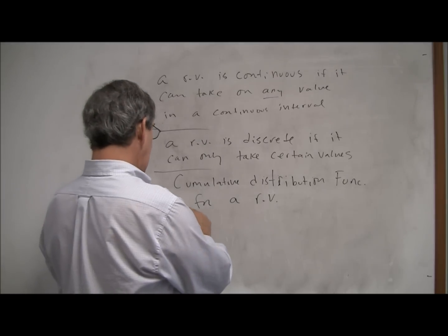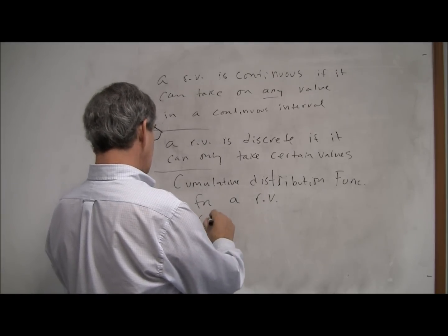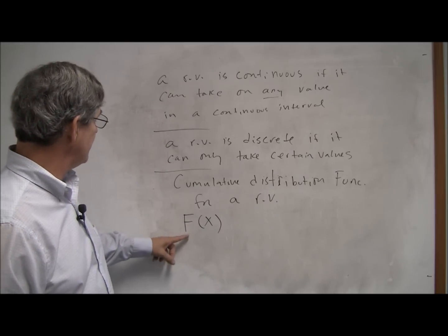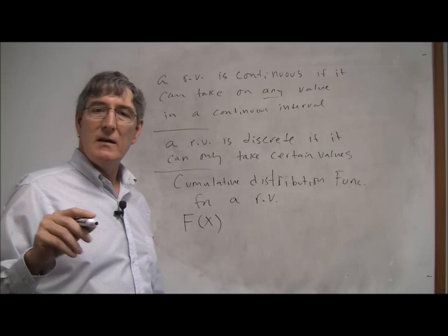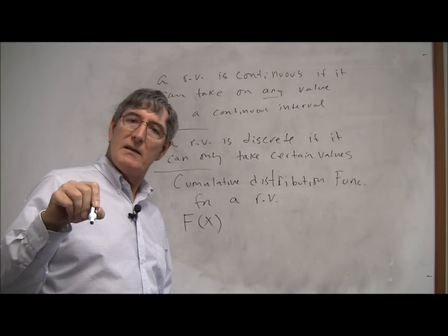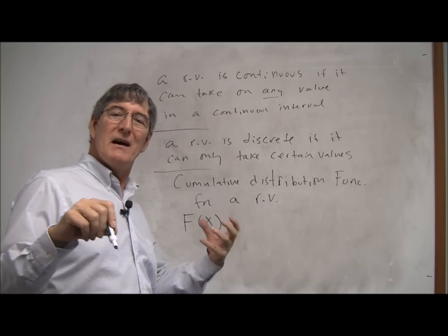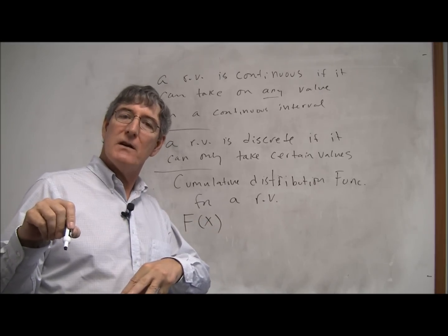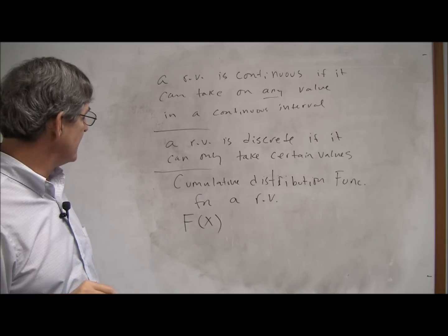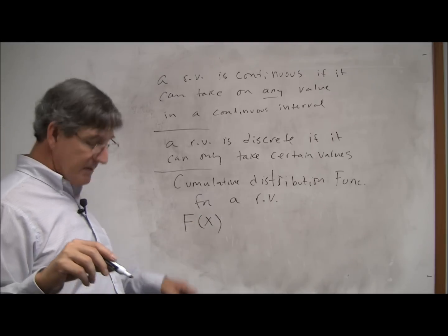We use a capital F in probability and statistics to represent cumulative distributions. Something related that you should have seen is called a probability distribution function, a PDF, which will be a small f. It's actually the derivative of this thing under most conditions, and we'll come to that in a second.